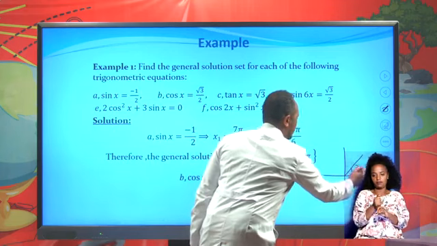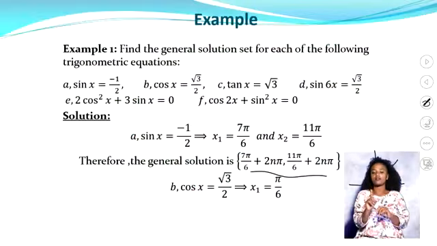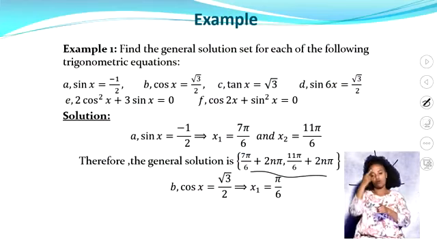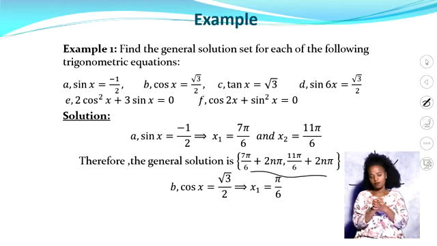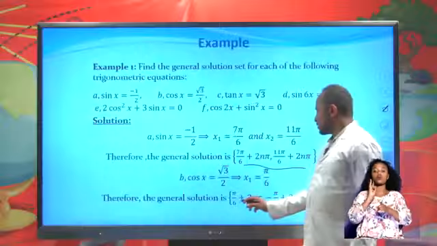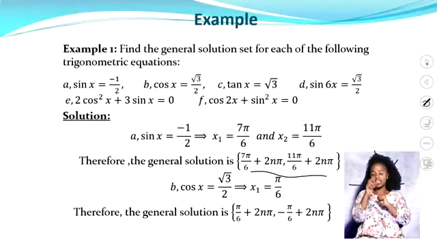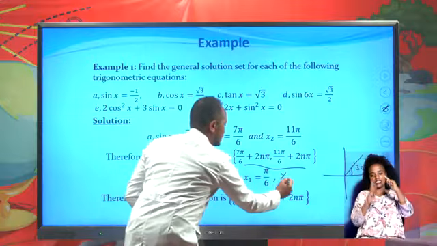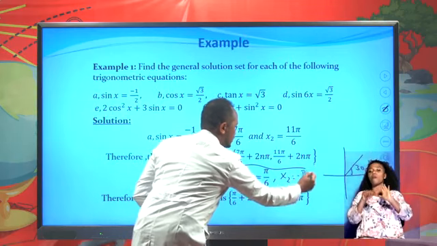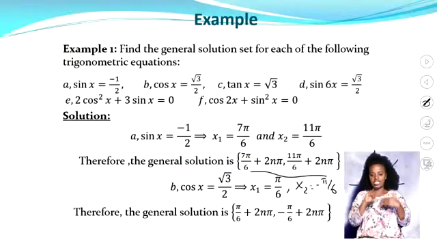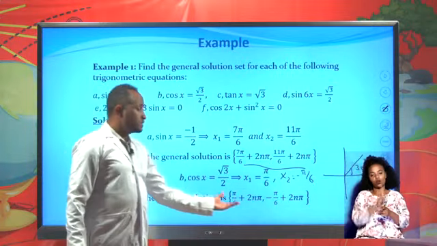So if x1 is a particular solution, minus 30 will also be a particular solution for this cosine function. 30 degree, when you convert into radian, becomes pi over 6. One of the particular solutions is pi over 6. The other, x2, is minus pi over 6. So the general solution will be pi over 6 plus 2n pi, comma, negative pi over 6 plus 2n pi. This will be the general solution, where n is an integer, by the way.